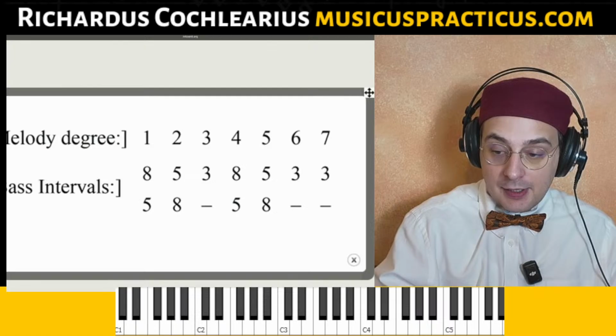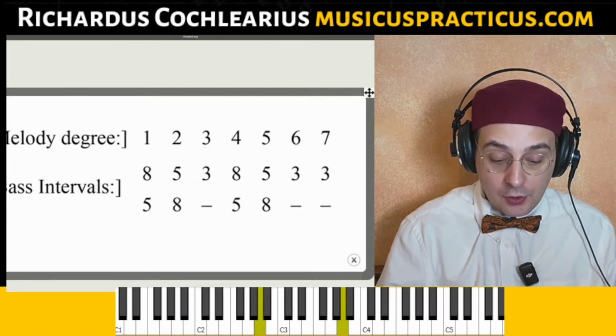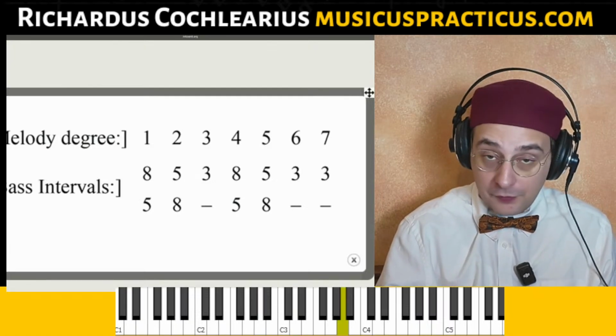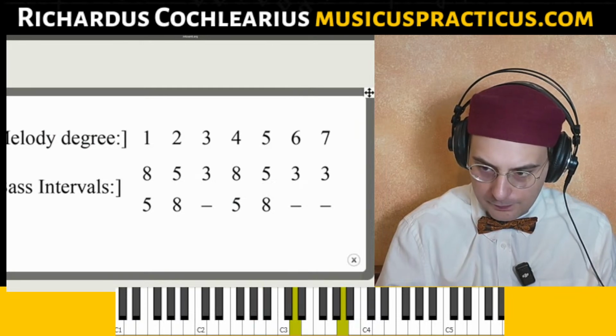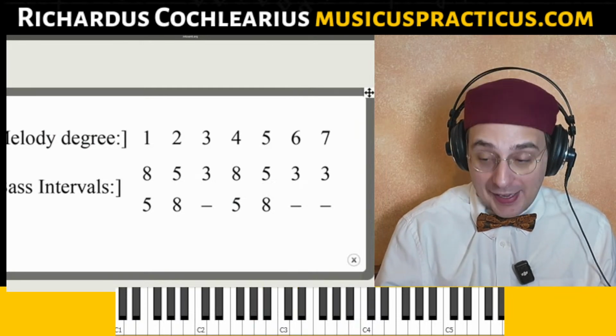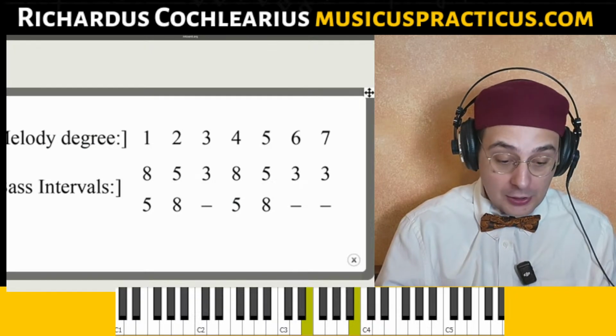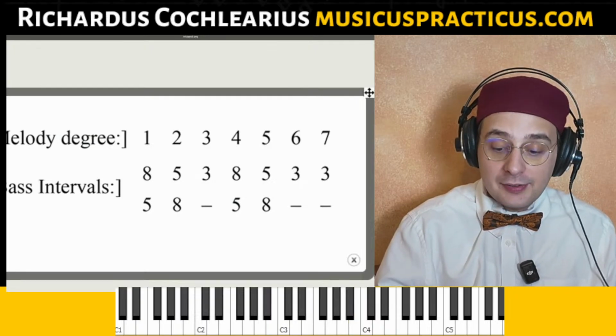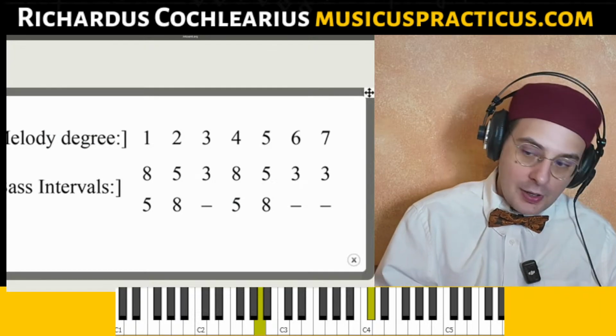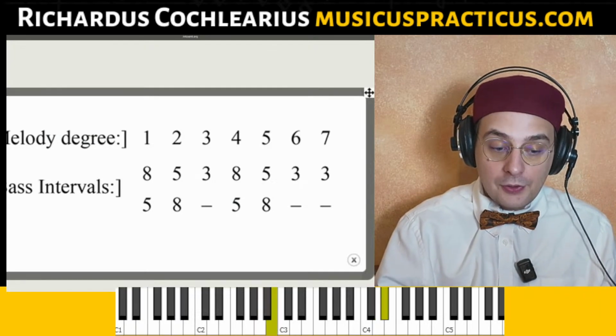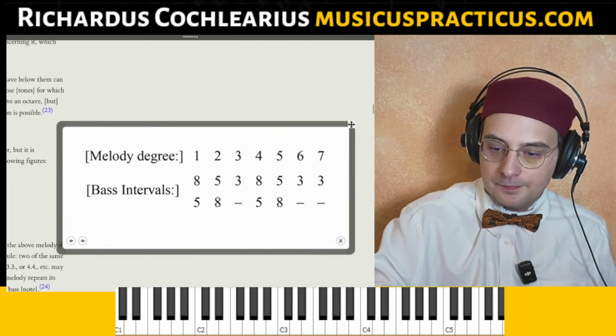Degree 4, we can have the octave or the fourth or the fifth. Degree 5, we can have the fifth or the octave. Degree 6, the third below, and degree 7, the third below. That is.